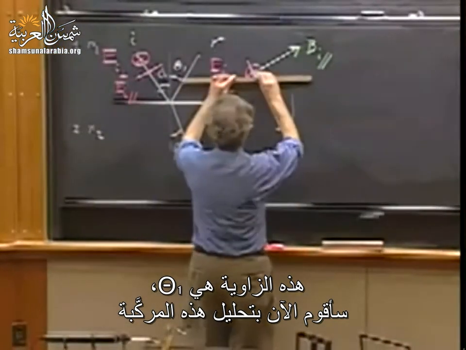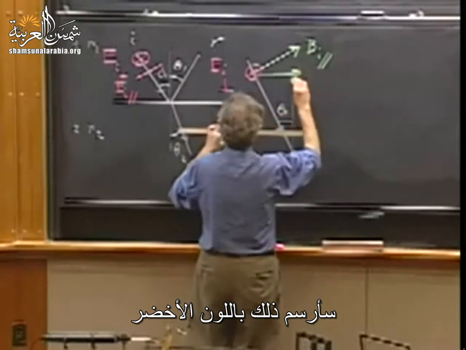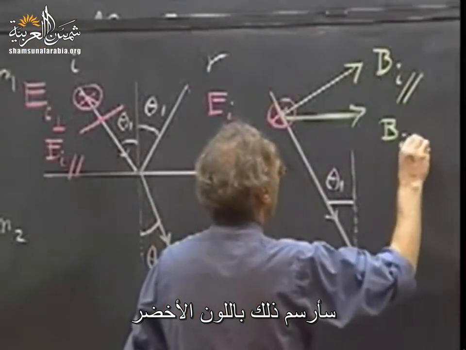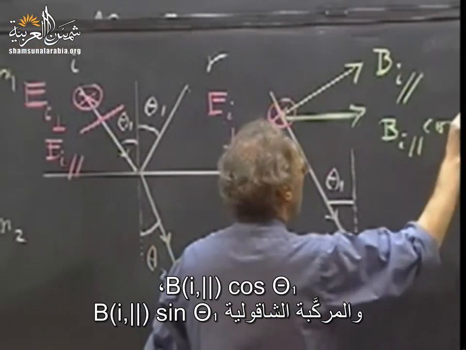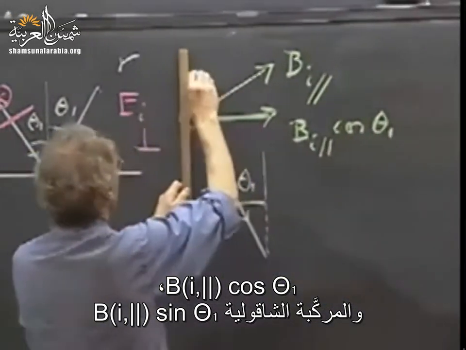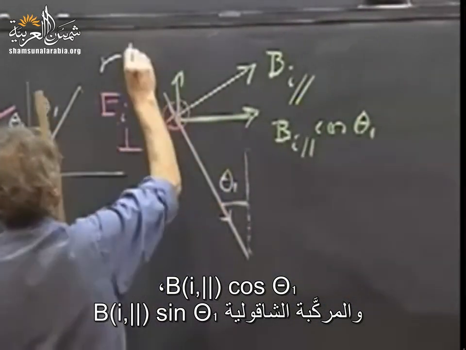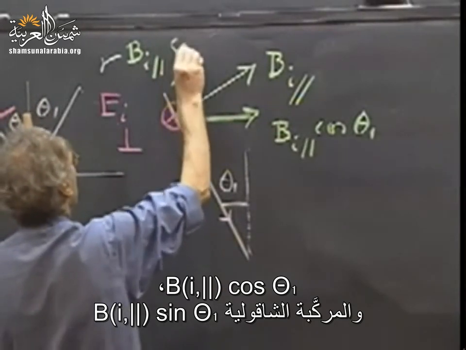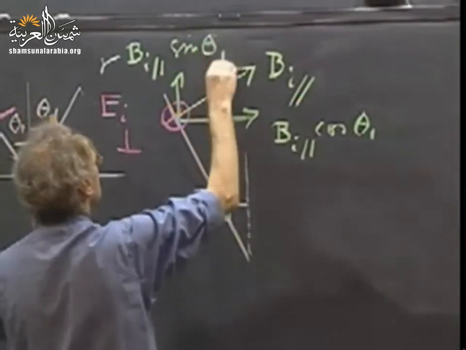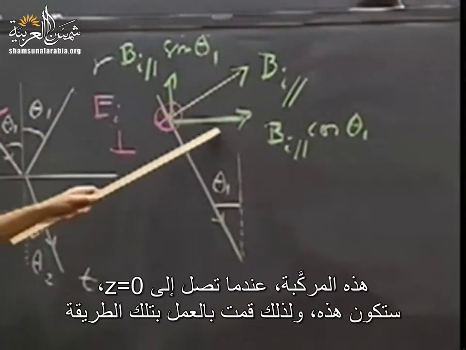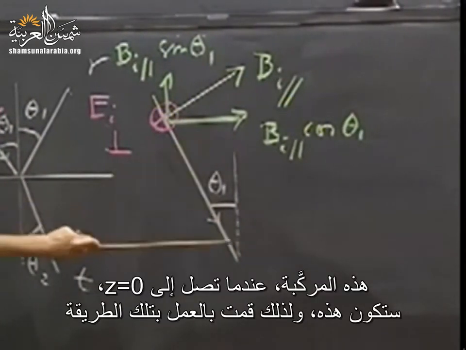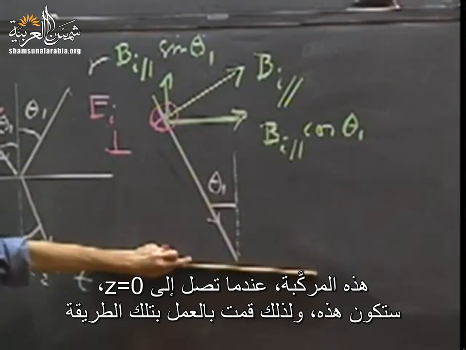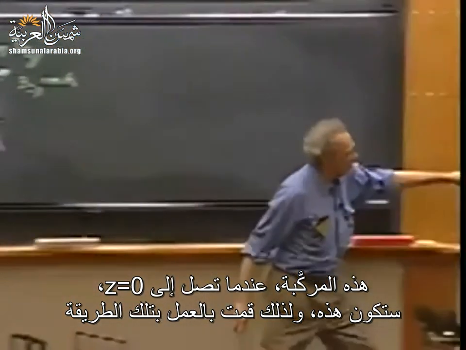I'm now going to decompose this one. I will do it in green. B incident parallel times the cosine of theta 1, and the vertical component is B incident parallel times the sine of theta 1. This is the one that, when it reaches z equals 0, hits the surface.